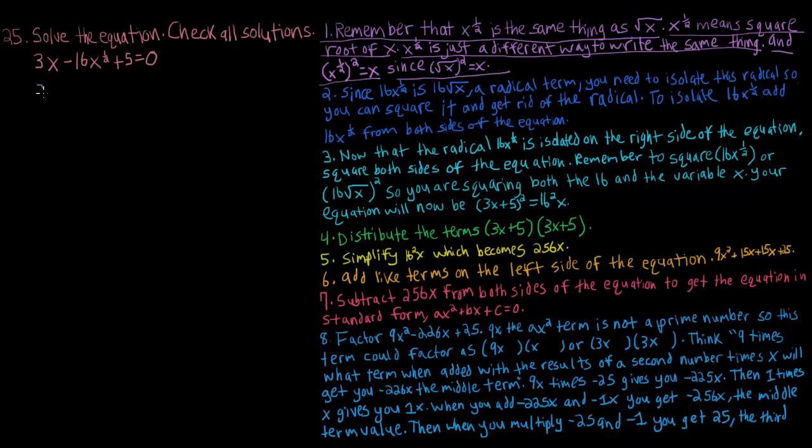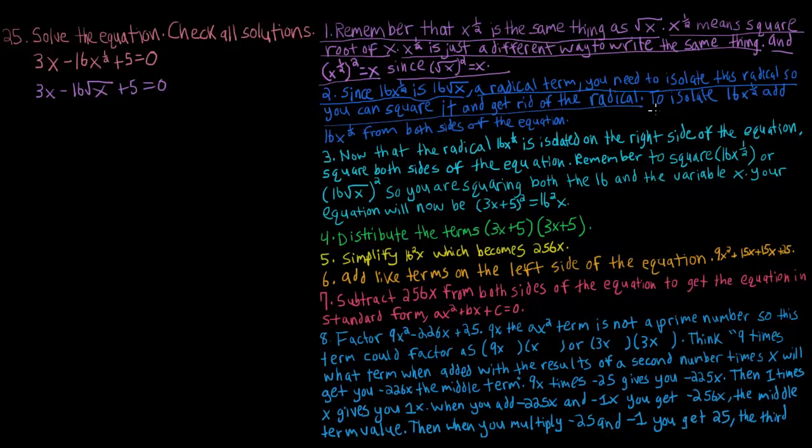So 3x minus 16 x to the half power is the same thing as 3x minus 16 square root of x plus 5 equals 0. Step 2. Since 16x raised to the half power is 16 square root of x, a radical term, you need to isolate the radical so you can square it and get rid of the radical.